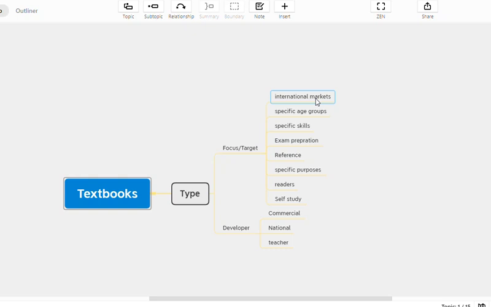The other type of textbooks are textbooks written for specific age groups. Some textbooks are written, for example, for kids or for teenagers, and some are written in order to develop specific skills.